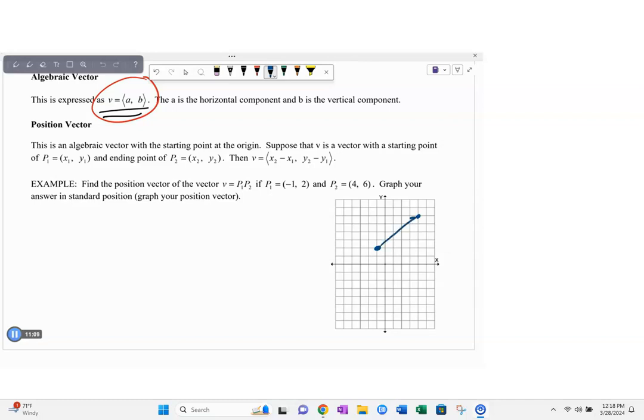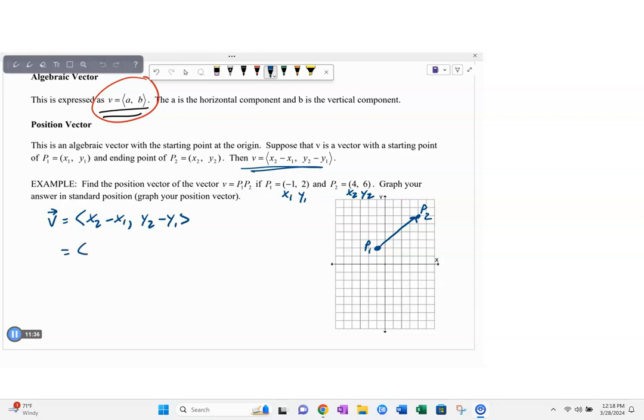Here's the original vector from point 1 to point 2, right? Here's x1, y1, here's x2, y2. If you were to find your position vector, then we're going to use this right here. The position vector, v we'll call it, is x2 minus x1, y2 minus y1.